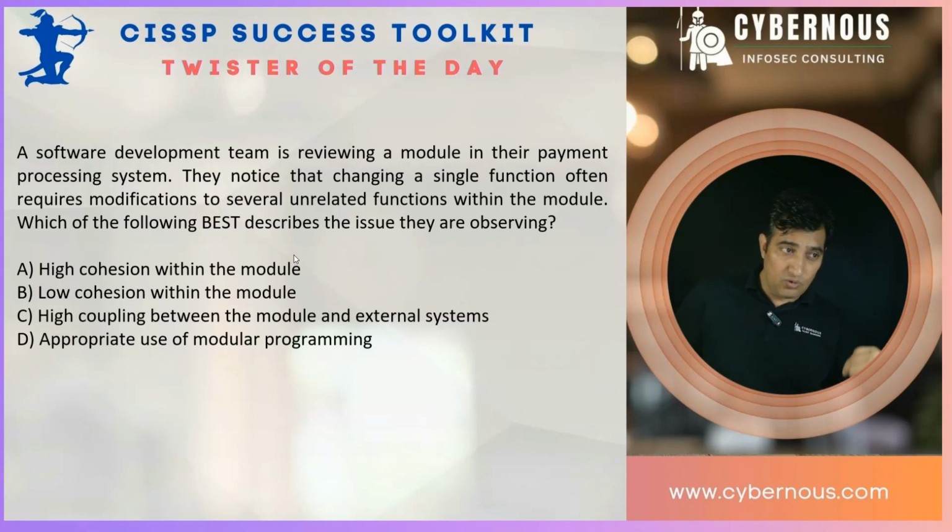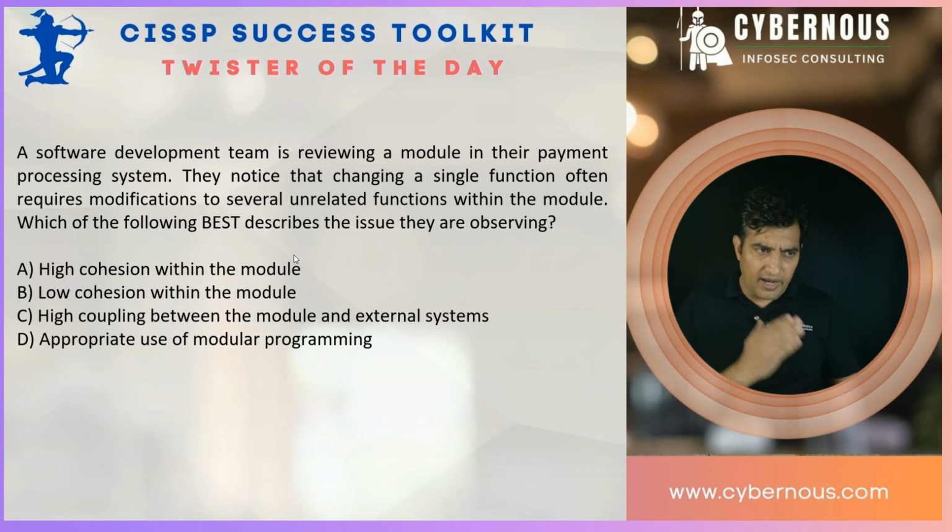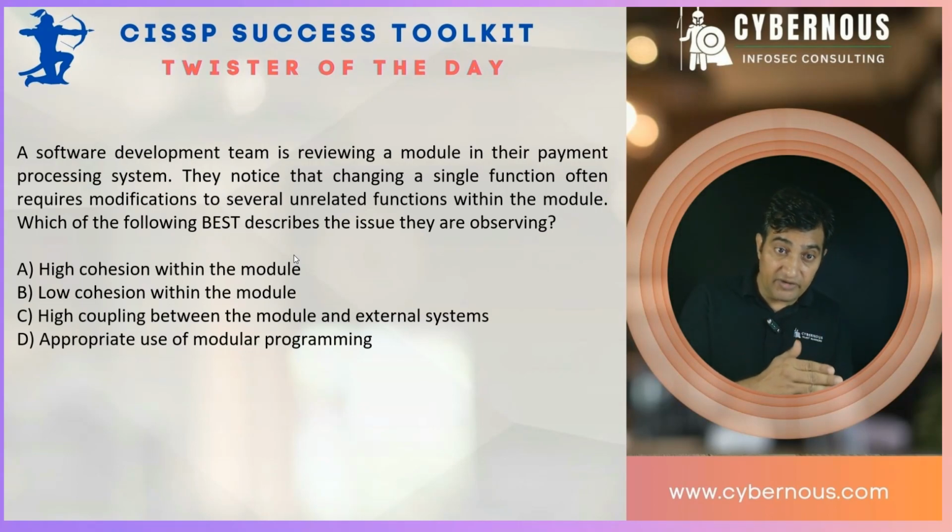However, we will also look at options C and D, because the question is asking for the best answer out of these four options. Option C says high coupling between the module and external systems. High coupling is never preferred, right? Coupling should always be low. Also, this question is talking about unrelated functions within the module, and coupling is always between different modules, not within the same module.